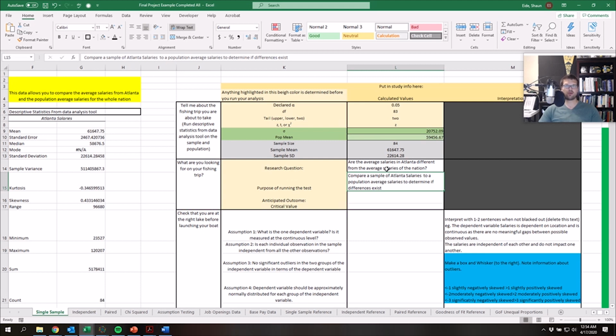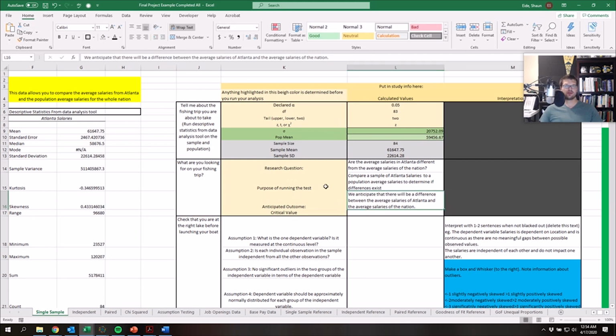So I put the purpose right there, I put the research question right there, and then my anticipated outcome is we anticipate that there will be a difference between the average salaries of Atlanta and the average salaries of the nation. Okay, so that is the anticipated outcome.